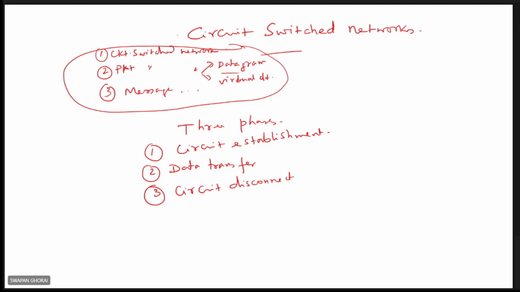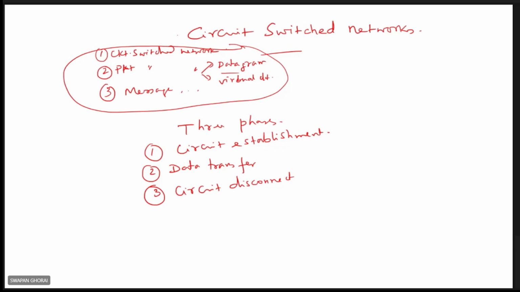After some period of data transfer, the connection can be terminated by either of the two stations, A or E. So there are three phases of circuit switched networks: circuit establishment, data transfer, and circuit disconnect.